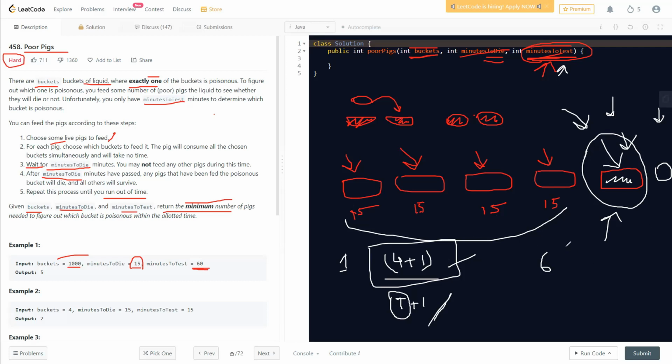In this kind of scenario, you are going to deploy another pig to actually find out which bucket is the one. Because once you get to 6 through 10, one pig can go ahead with five buckets, and the second pig can go ahead with another five buckets.